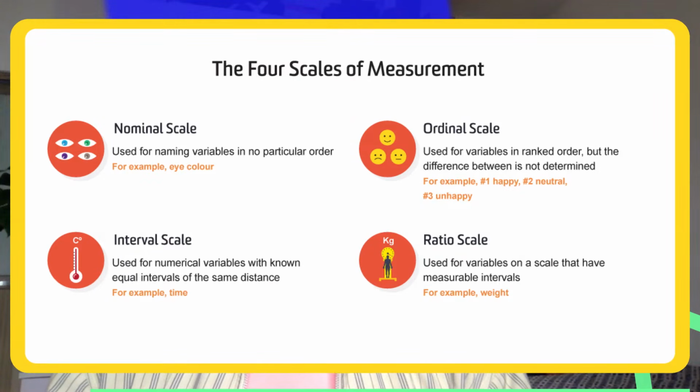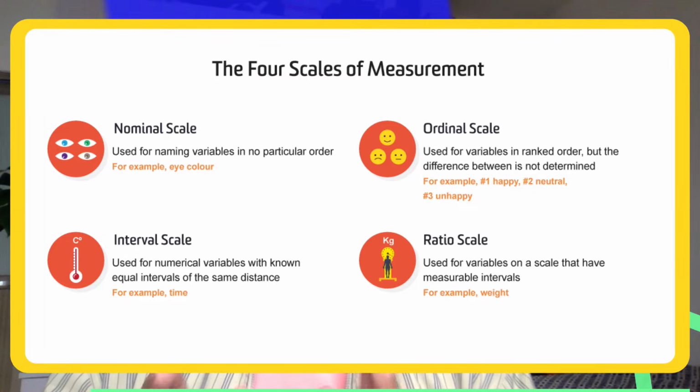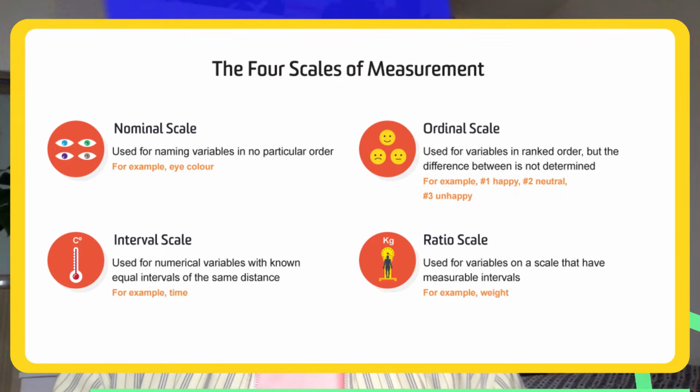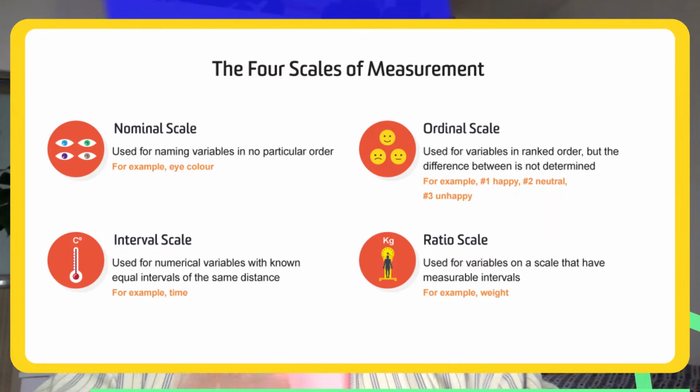Interval, on the other hand, is used for numerical variables known with equal intervals of the same distance. A very good example of this is time. And lastly, ratio is used for variables on a scale that have measurable intervals. For example, weight.